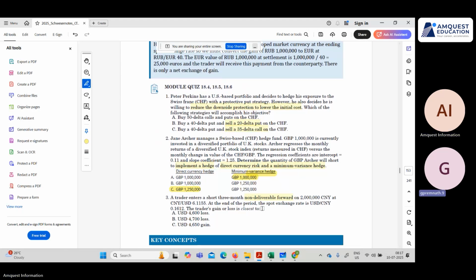Now, the only thing I don't understand is, if theoretically he was shorting the CNY, means he was long, he had a favorable view on the dollar. And the dollar has actually appreciated more than his forward was at, because 1 divided by 0.1612 is around 6.2.